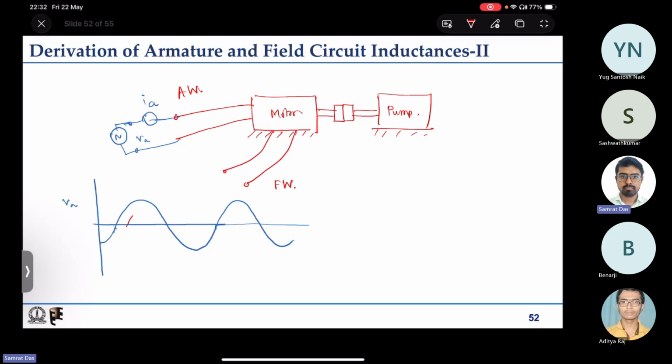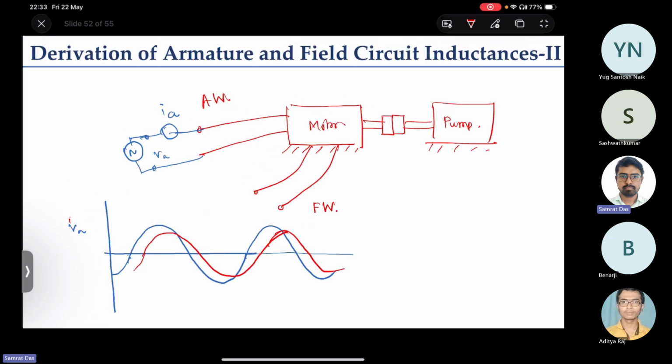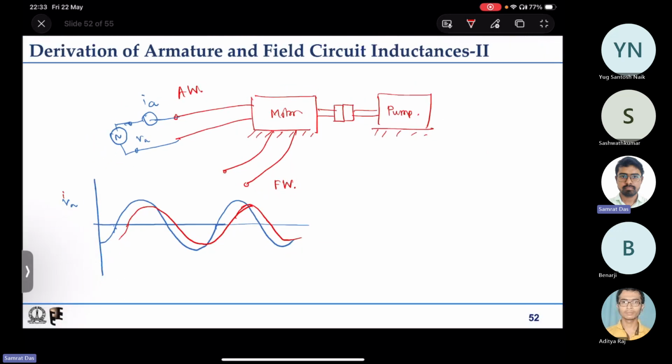Let us say we get some waveform like this for the current. So this is the current, VA and IA. These we can see in the DSO, the digital storage oscilloscope.